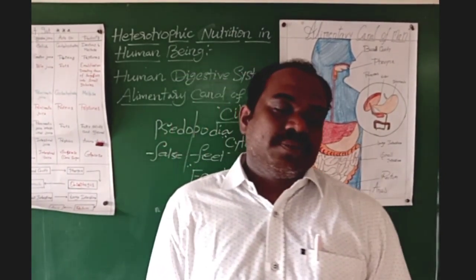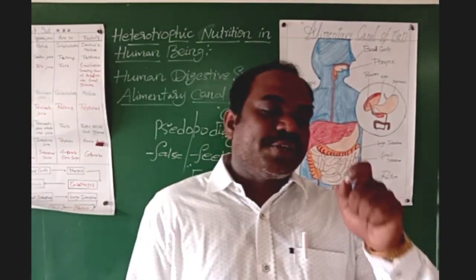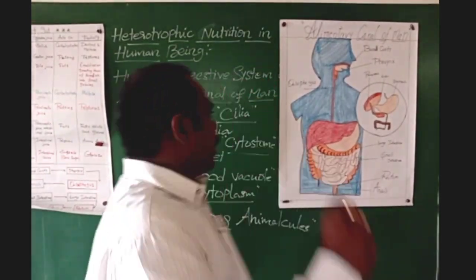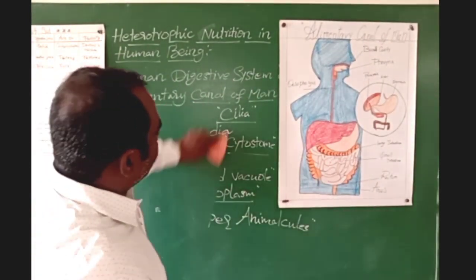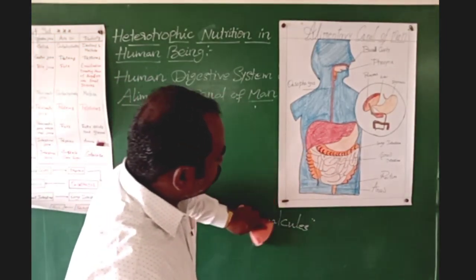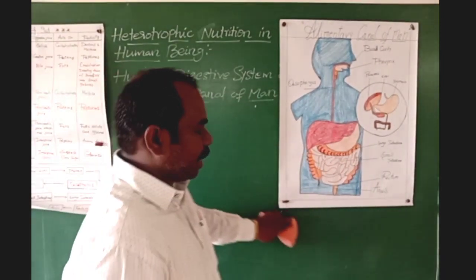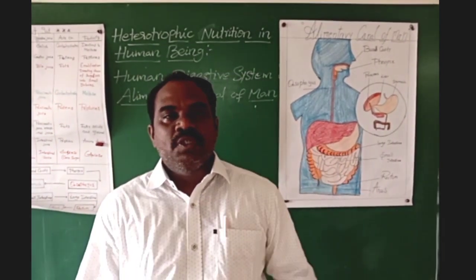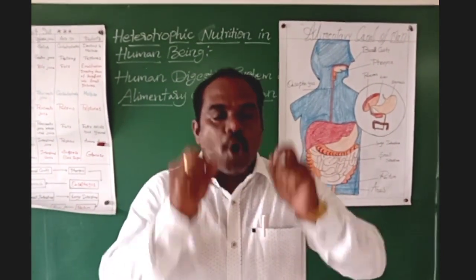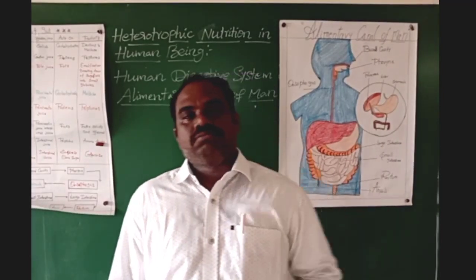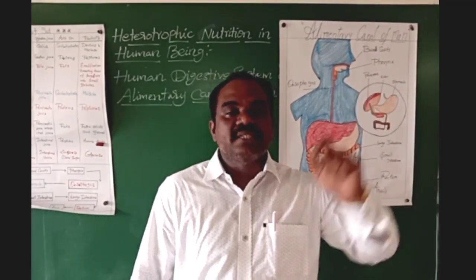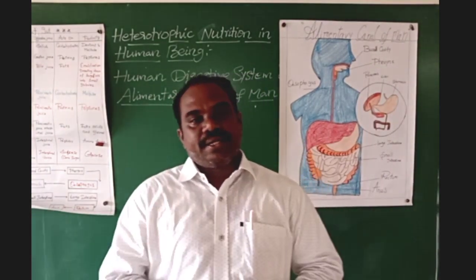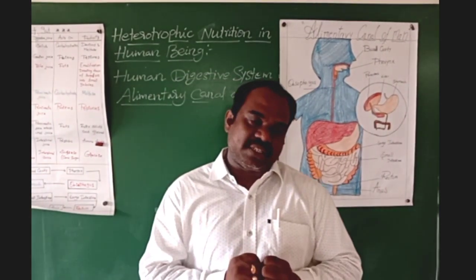In this class, heterotrophic nutrition in human beings. All of you students write down: heterotrophic nutrition in human beings. We know that heterotroph is of Greek origin. Hetero means others, troph means nourishment, the intake of food materials.